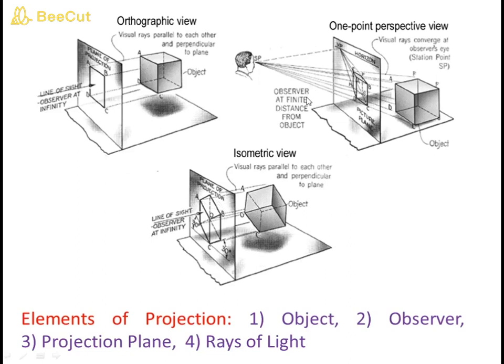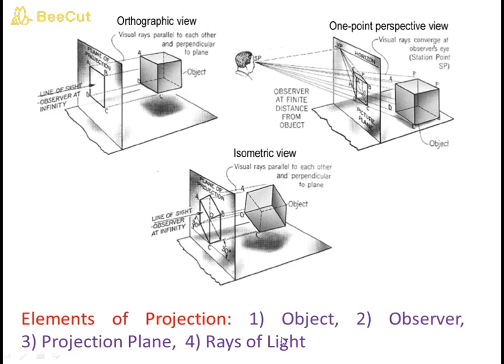But in perspective projection, the rays of light coming from the eyes of the observer are not parallel to the ground plane. So that is the difference between perspective projection and isometric projection. Both are 3D, but in perspective you have to mark the position of the observer, and the rays of light are not parallel.